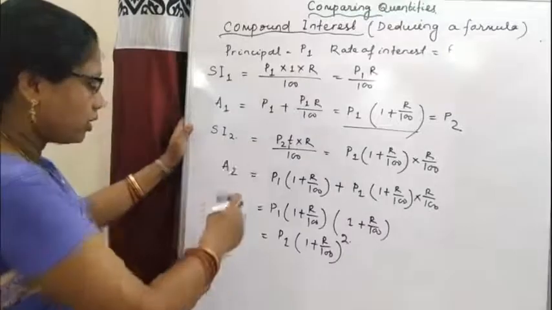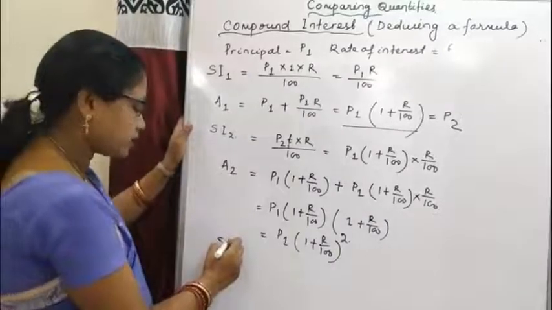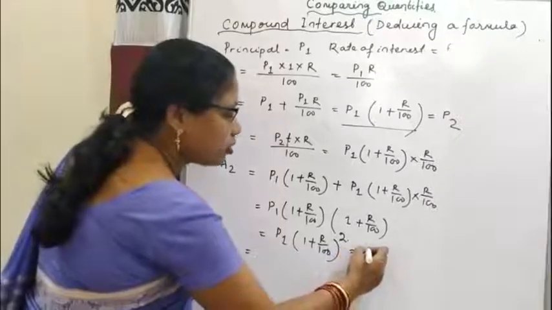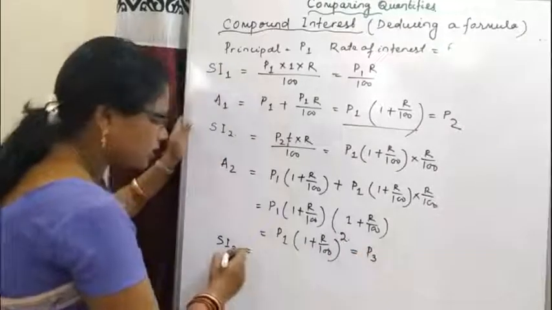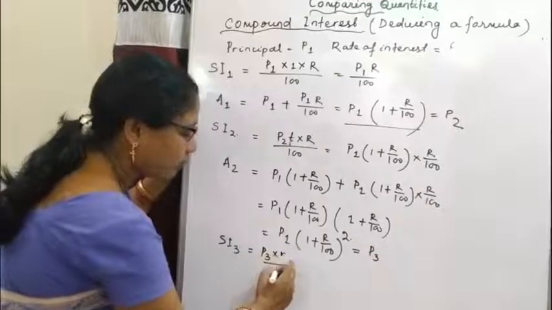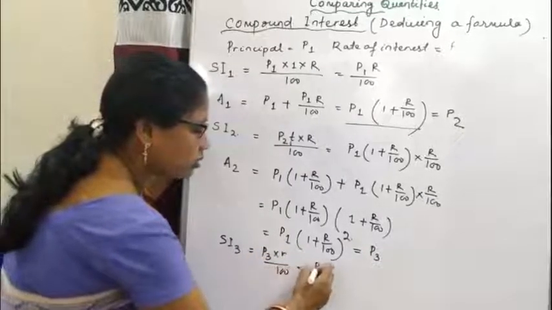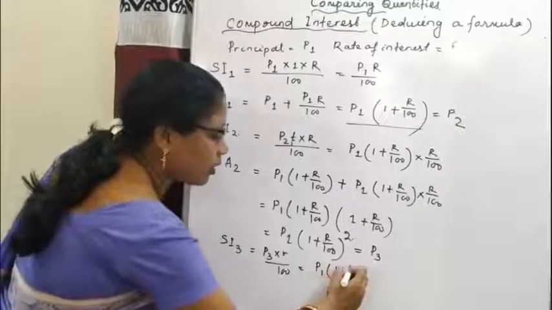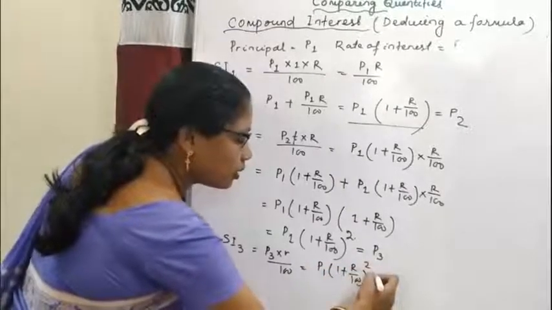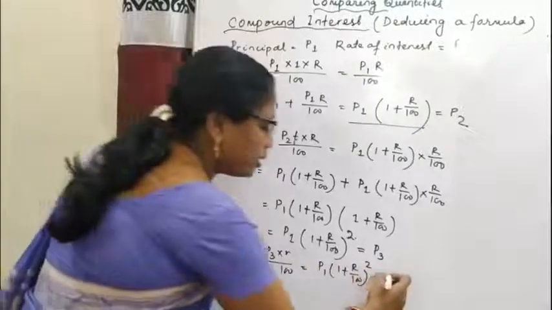If we continue, what is simple interest 3? This is A2 and this is also P3. So SI3 is equal to P3 into R by 100. So this is equal to P1 into 1 plus R by 100 raised to the power 2 multiplied with R by 100.